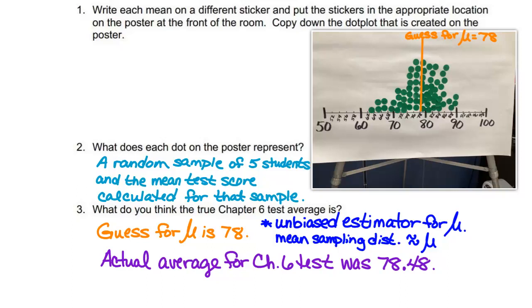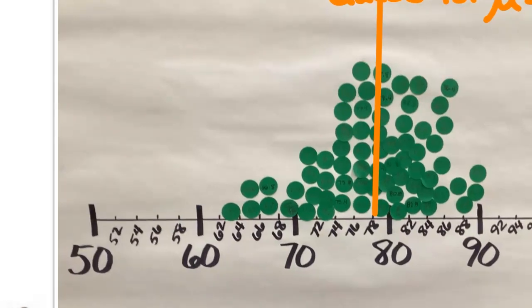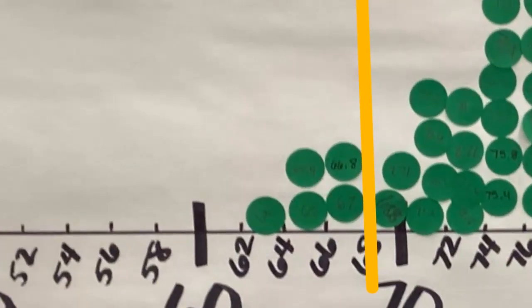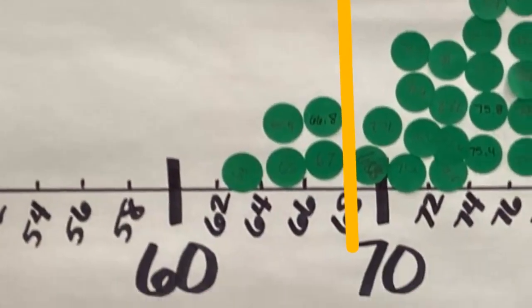Rockford had a score of, what, 68? Their average was 68. So that would be, what, right here? Yeah, there's nothing that's exactly 68 on our graph. We have this one right here is 63.